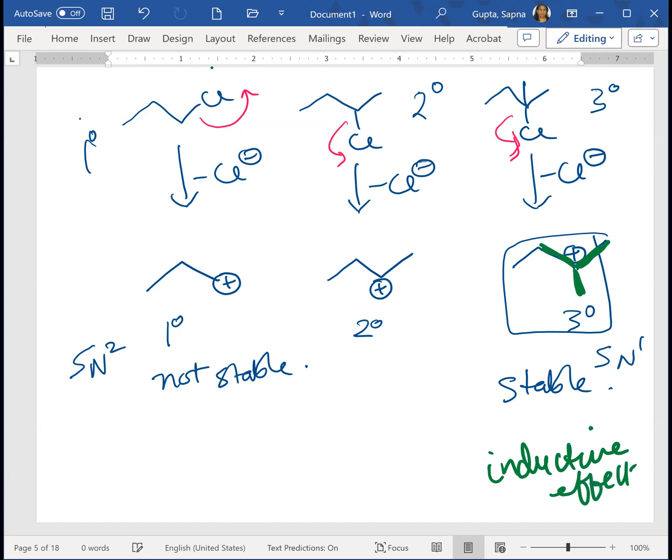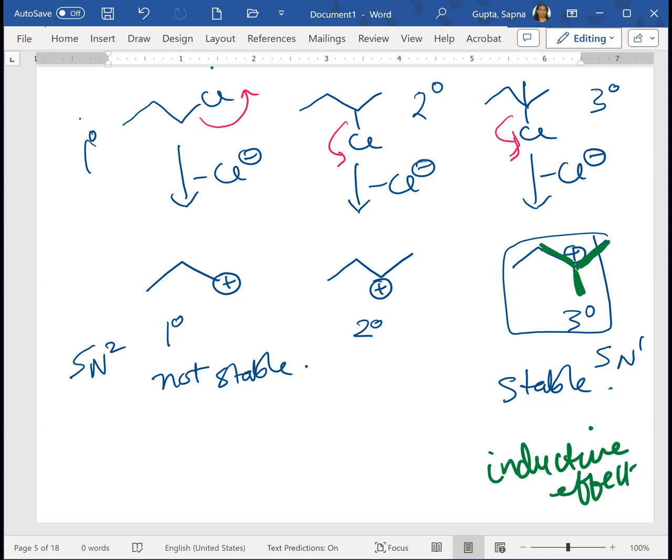We talked about 2 different ways the inductive effect works. One is by pulling electrons, and the other is by pushing electrons into the system. When you pull electrons, whatever is pulling needs to be more electronegative. That's the only way it can pull, right? When you're pushing electrons, it has to be more electron rich.